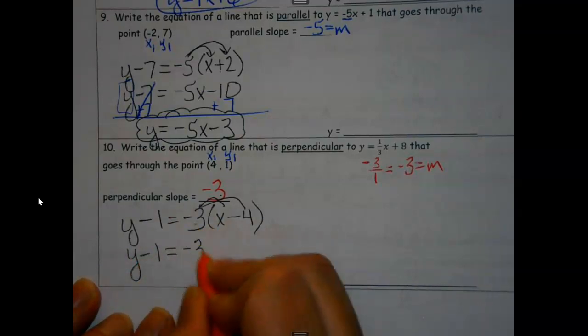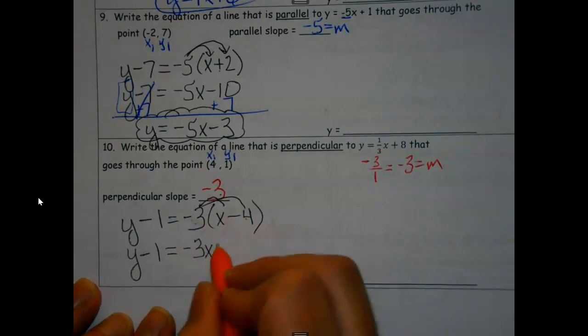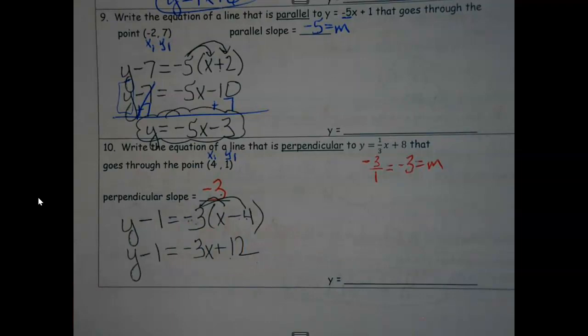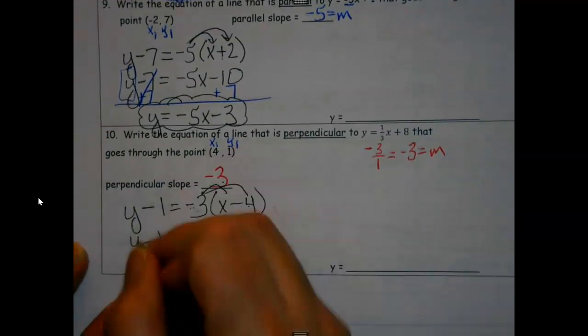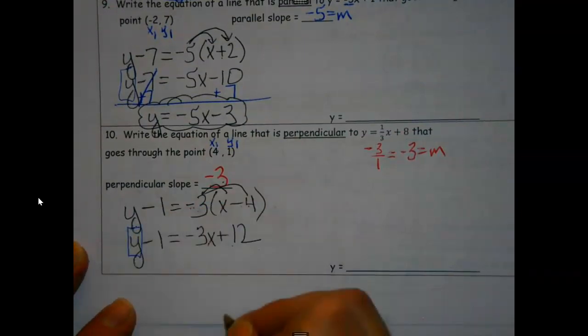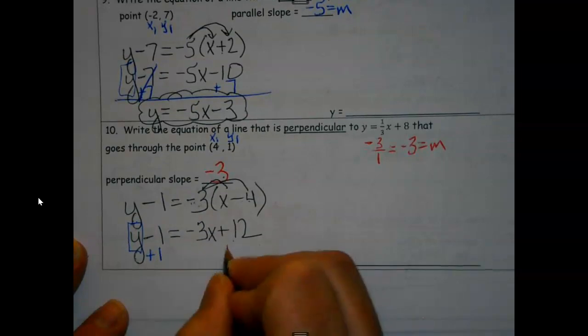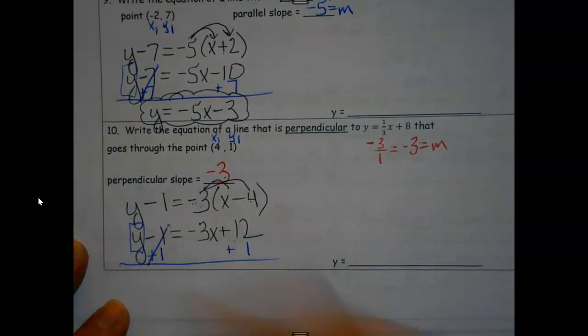Multiply through. Again, watch for signs. Negative times negative is positive. And since we're trying to get y alone, we'll do the opposite of what's with it.